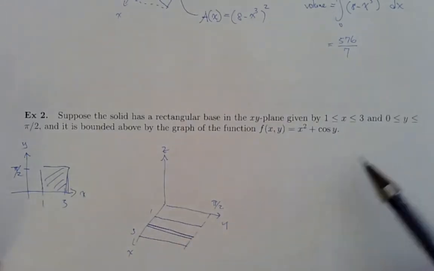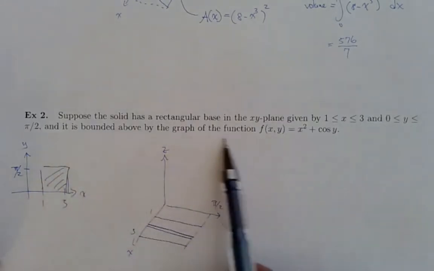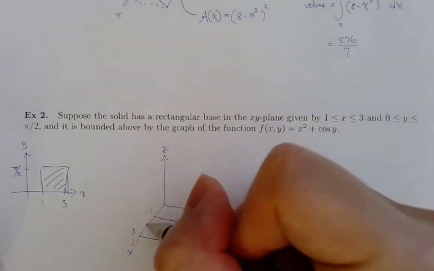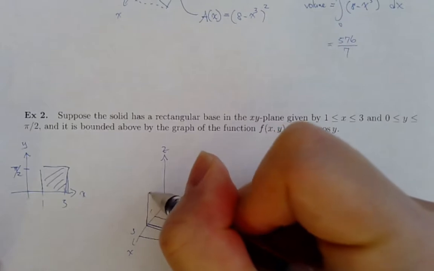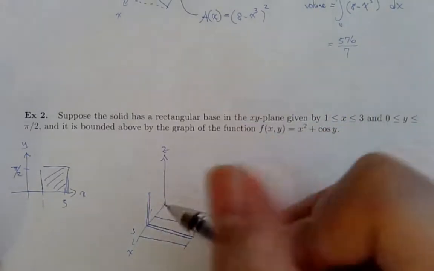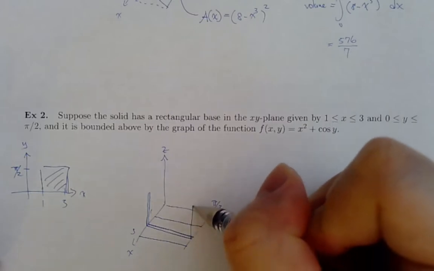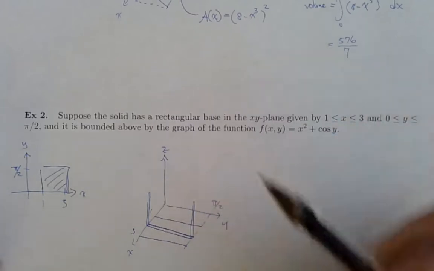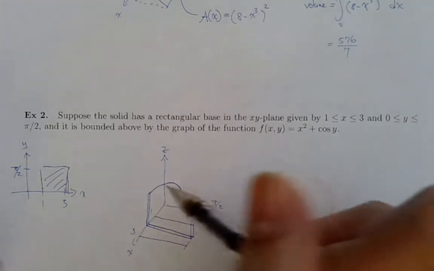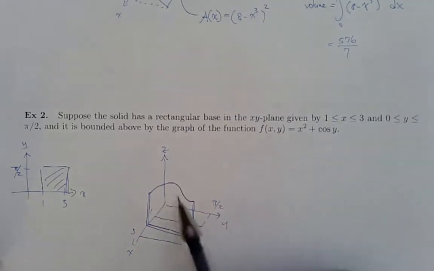That cross section is bounded above by the graph of a function. I don't really know what that function looks like, but let me just pretend the graph of that function is like this. It's a cosine of something, right?